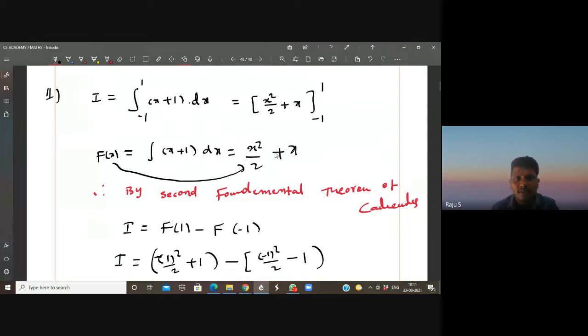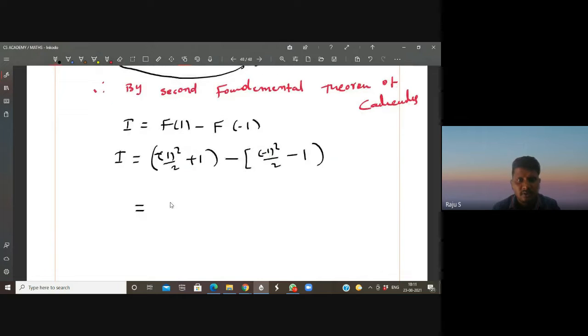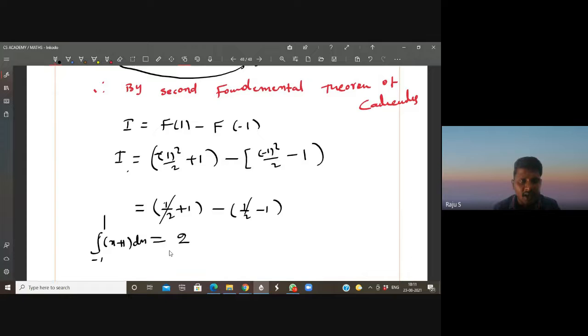In place of x, I substituted upper limit minus lower limit. So this is 1 by 2 plus 1 minus 1 by 2 minus 1. Here 1 by 2 gets cancelled. This is equal to 2. So the given integral, minus 1 to 1 of x plus 1 dx, has value 2.